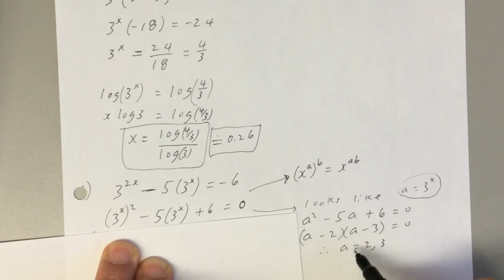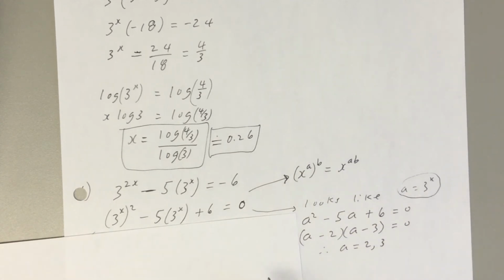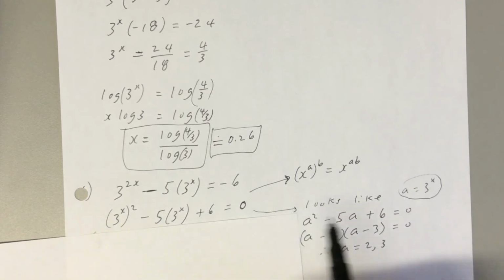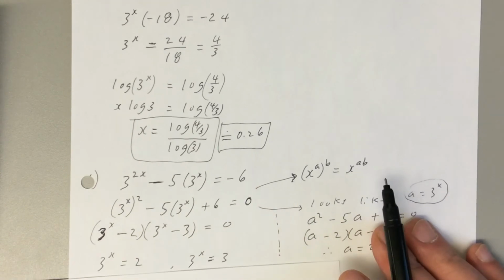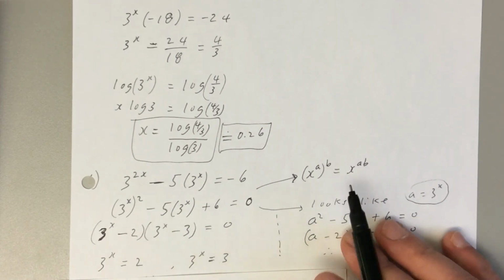We can factor this, and we get a equals 2 and a equals 3. So we just replace the a with 3 to the x, and we get 3 to the x equals 2 and 3 to the x equals 3.